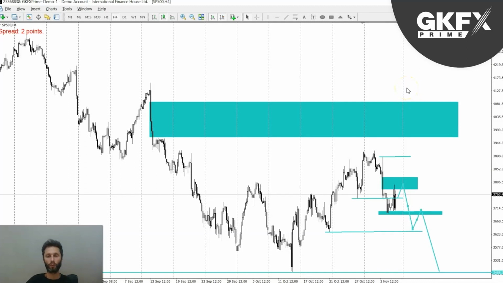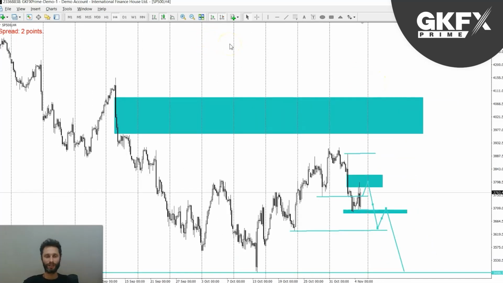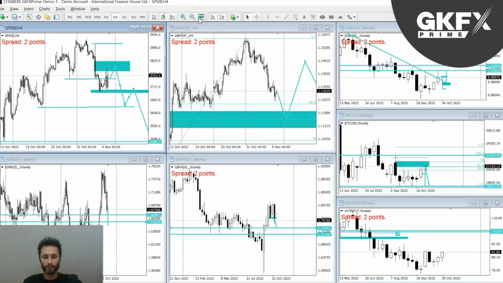So let's see what actually happens, and the price action will give us those clues. The market will show us what it wants to do. So as it stands, this is the high probability scenario, but I'm going to reassess, stay flexible, always remain flexible, and of course manage your risk. So that's the S&P index.